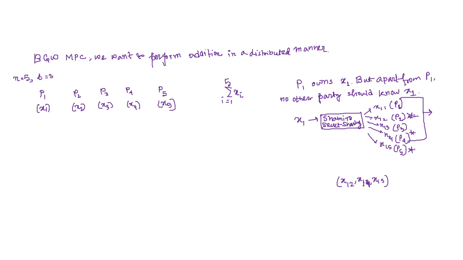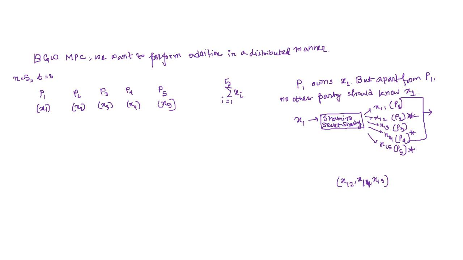Here, since we are talking about passive corruption, P2 will not change its share x12 to some x12 dash. We assume that in the semi-honest or passive corruption setting, all the collaborating parties obey the protocol, right? So they obey all the specifications of the protocol.